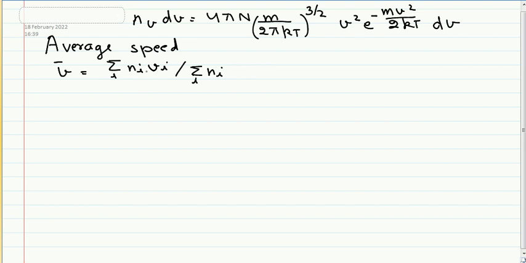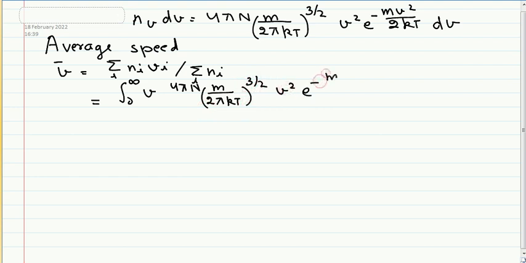So here we will replace the summation by the integration, and it will become the integration from 0 to infinity of v times the value of n_i, which is 4 pi N into (m upon 2 pi kT) to the power 3 by 2, v square e to the power minus m v square upon 2 kT, into dv.